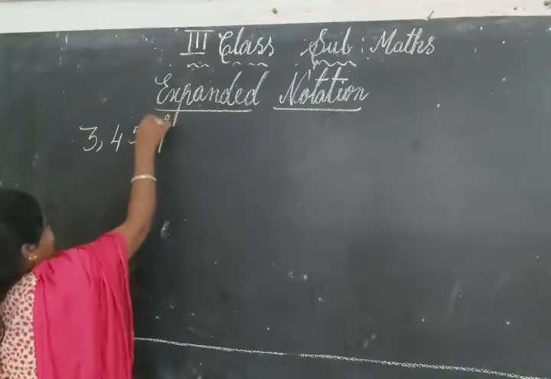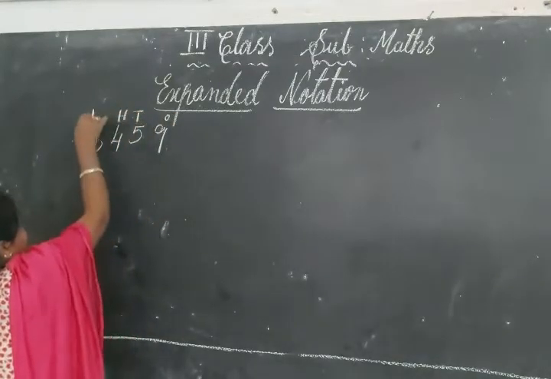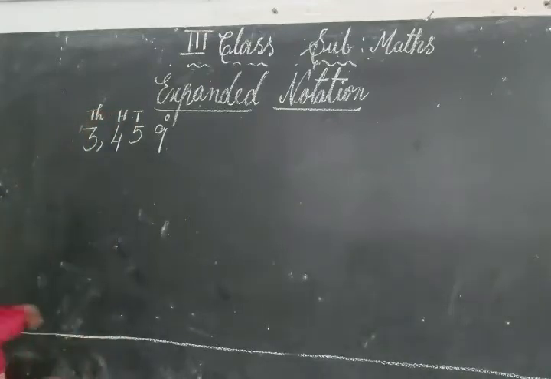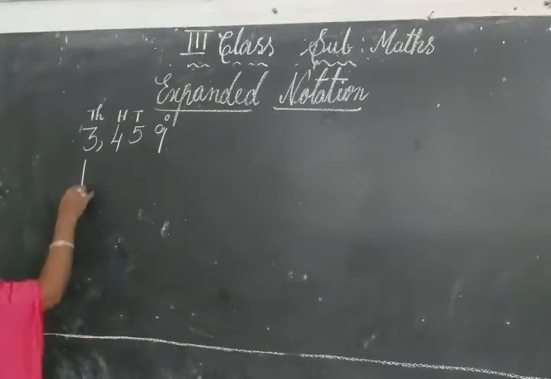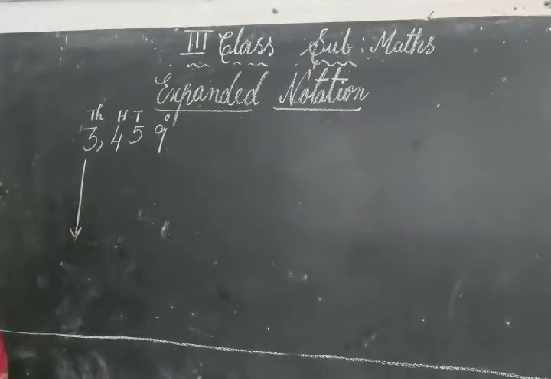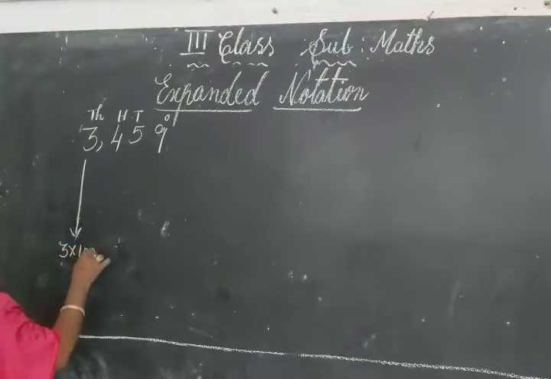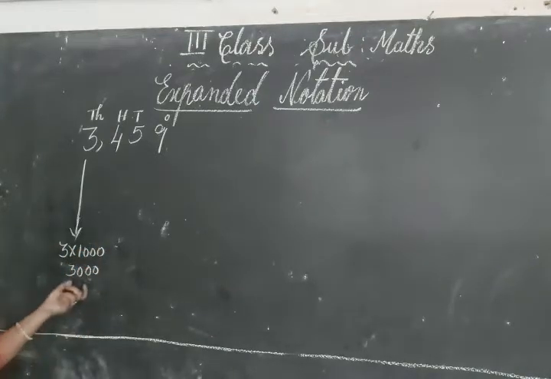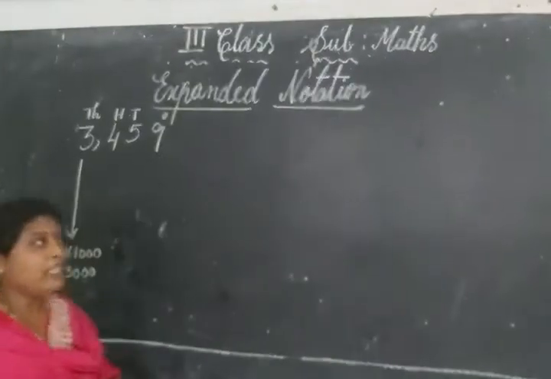So, children, what is the digit in thousands place? It is 3. Then what is the place value of 3? 3 is in thousands place. So the place value is 3 into 1000, that is 3000. The place value of 3 is 3000.